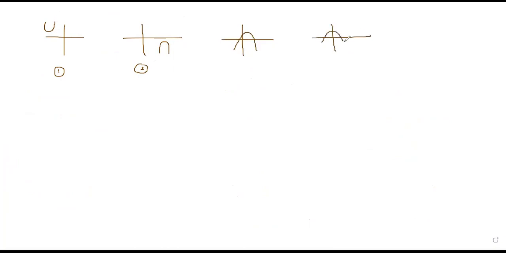Which graph gives a quadratic polynomial? Quickly, who will tell? Yes, the third graph, because the parabola is touching the x-axis 2 times. Okay. If you are saying this is a parabola because it is a U-shaped graph, then this is also a parabola.